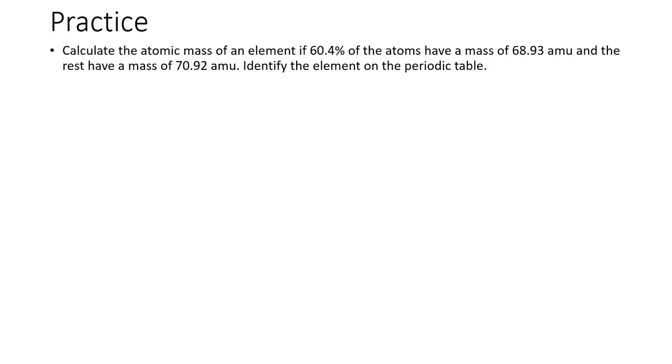Let me also look at another problem. Or what I'm going to do is that you can practice using this problem because it is similar to the last one. The only difference is that here I have asked you to identify the element on the periodic table. So I am going to solve this problem.